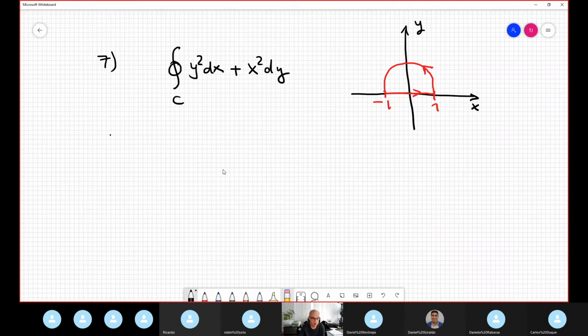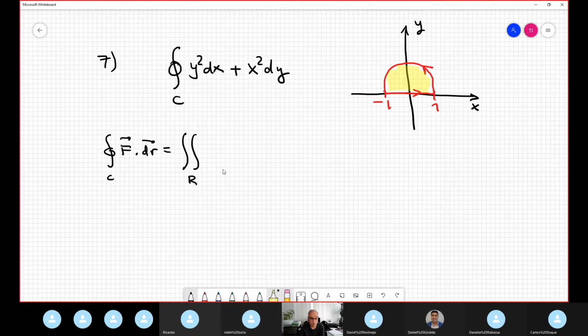Green's theorem says that a line integral over a closed curve, it's mandatory to apply Green's theorem to a closed curve. This is dr, not ds. dr is equal to a double integral over the region R. Obviously the region R in our example is this region.